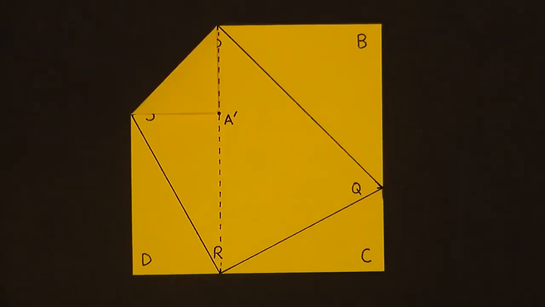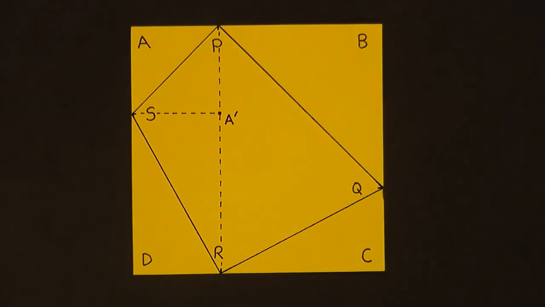If I fold this triangle over and mark where point A falls, a point we'll call A dash, I can say for sure that A dash lies on the line PR, because angle APA dash is a right angle. I can also say for sure that the area of triangle APS is equal to the area of triangle A'PS, as they are the same triangle.